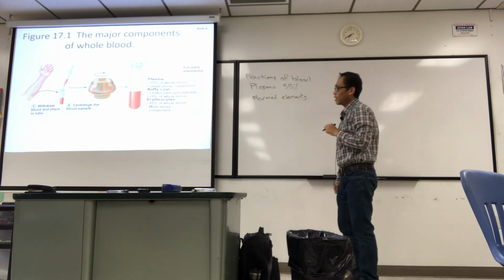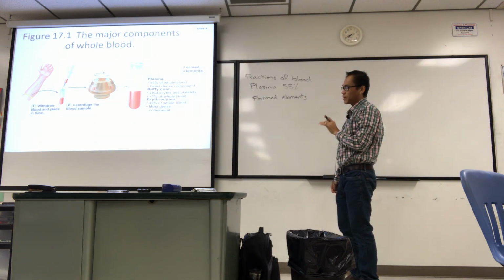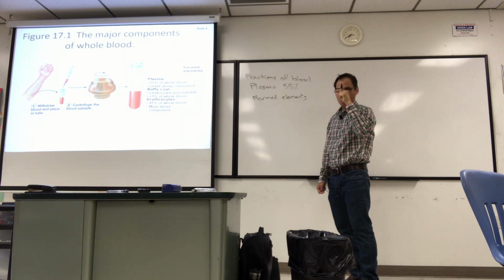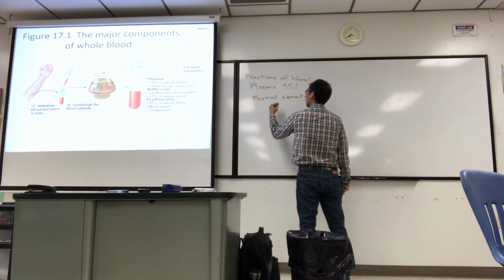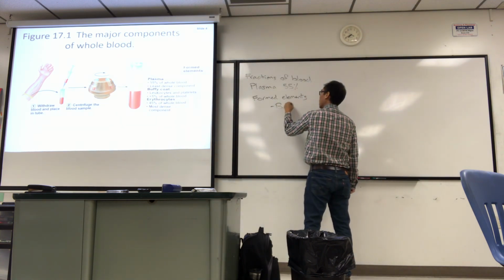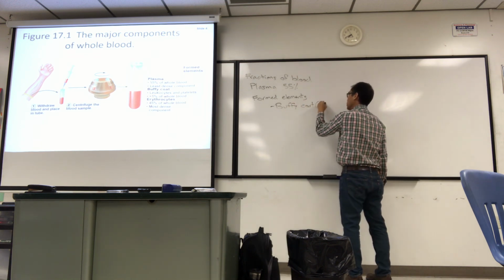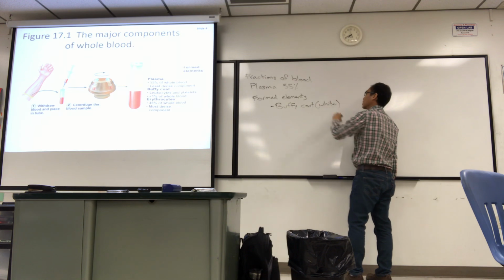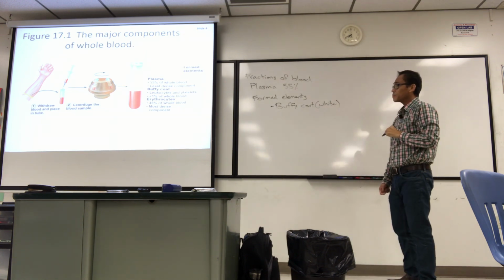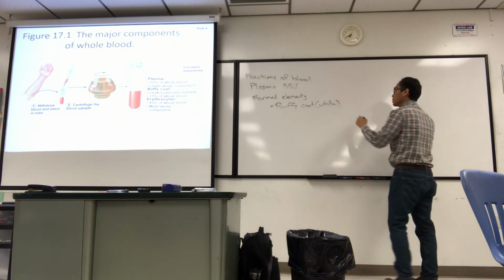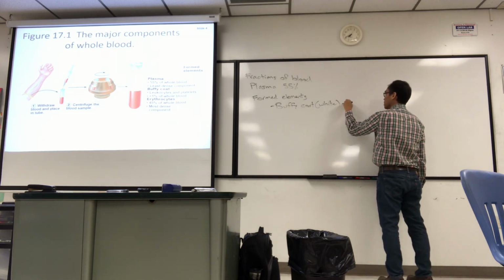And then the formed elements: less than 1% is that little white layer, about a millimeter, the buffy coat. It's white. It contains white blood cells and platelets. Those are the leukocytes.